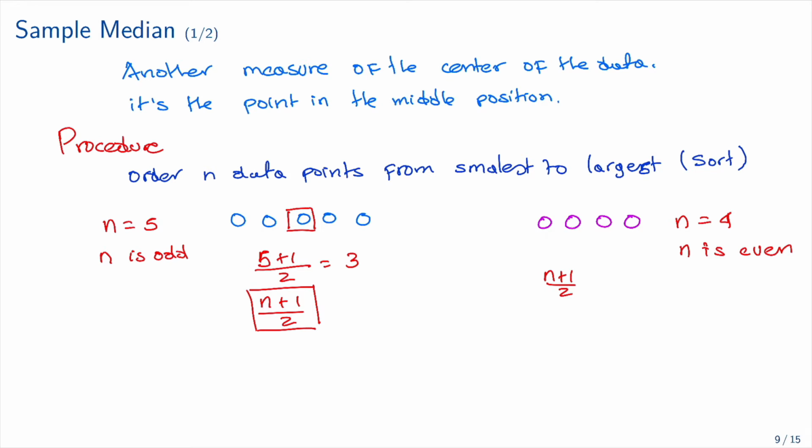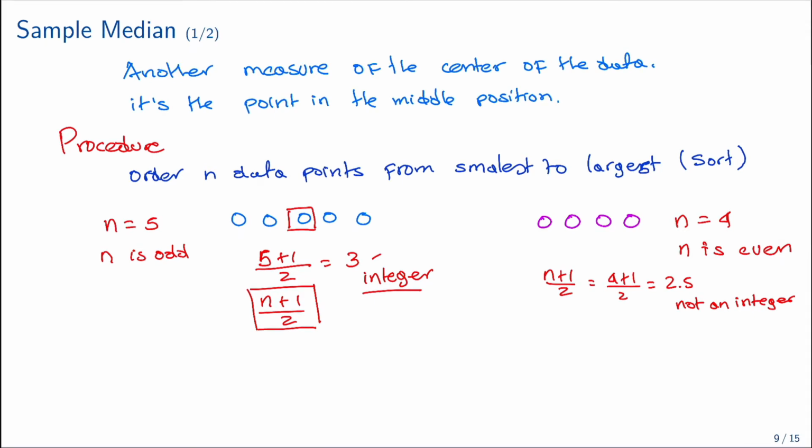In this case, 4 plus 1 divided by 2 is 5 divided by 2, which is 2.5. So in the first case this is an integer, and in this case it is not an integer, it's a real number with a decimal part.